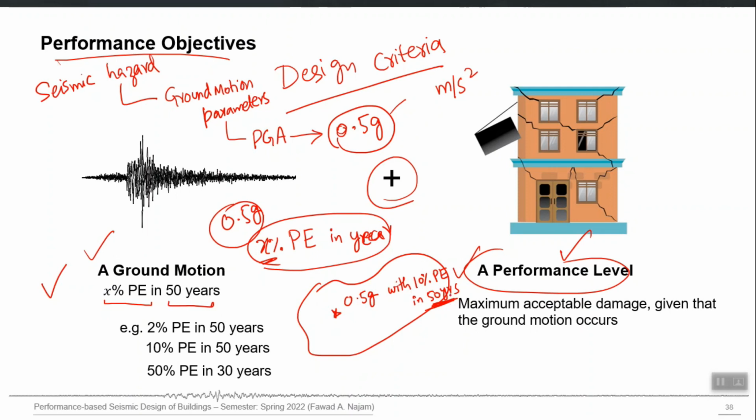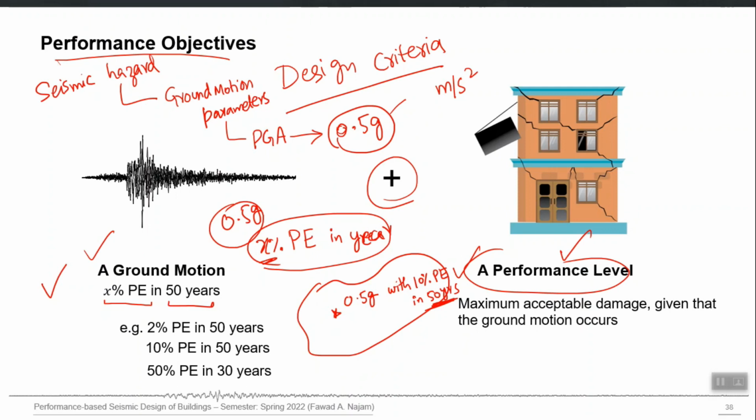This whole thing, x% probability of exceedance in y years, can be converted into another number which is called the return period, right. I will explain that in the seismic hazard lecture again, but currently just try to understand the meaning of this whole thing. When I say this PGA number at this much probability of exceedance in this many years, at least you should know what I mean from that whole phrase, right.